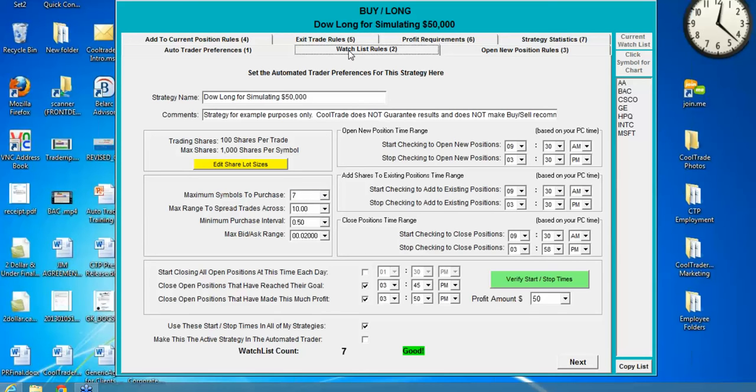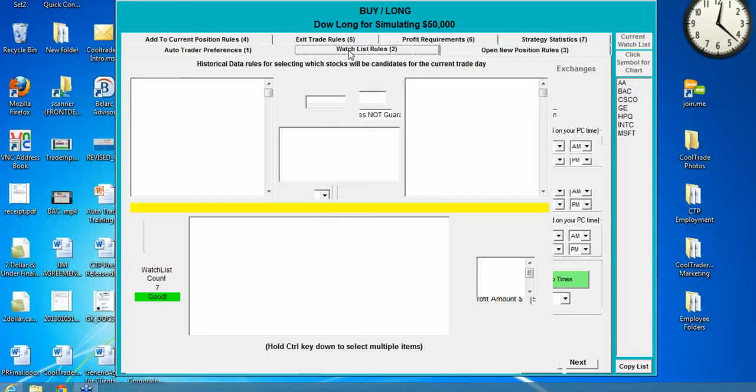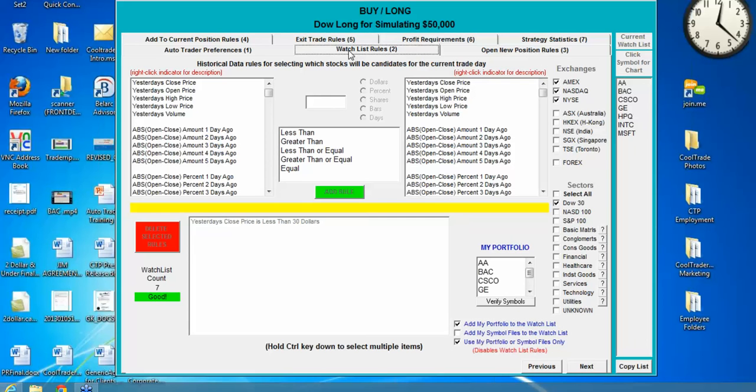So I'm going to go ahead and click over to the next tab, which is called the Watch List tab. On the Watch List tab, this is where we can create a portfolio of stocks that we want the robotic trader to trade.